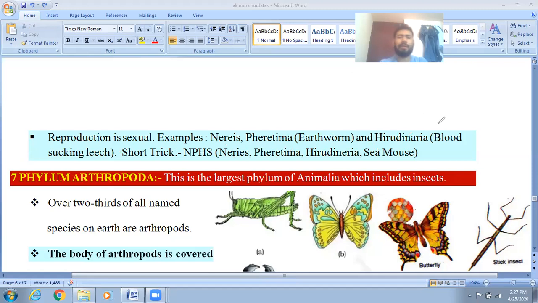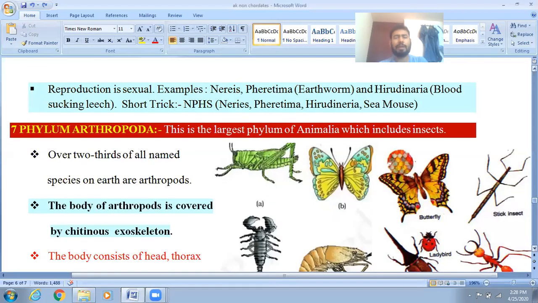You know very well that chitin is a homopolysaccharide made up of NAG, N-acetylglucosamine, and chitin is also the cell wall of fungi.